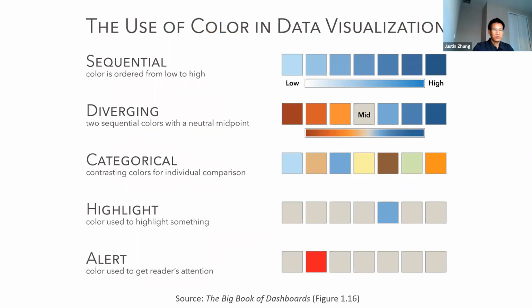So if you recall this chart, which we talked about from module 1, there are different ways to use color in data visualization, primarily sequential, divergent, and categorical. In addition, we can also use color to highlight or alert something to get users' attention.